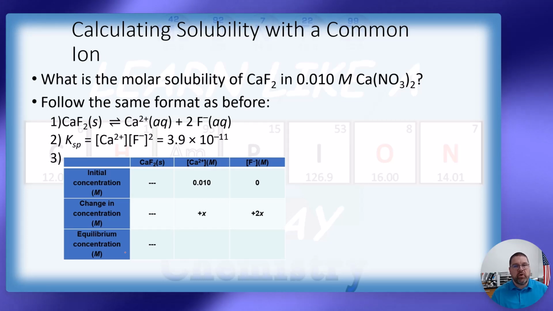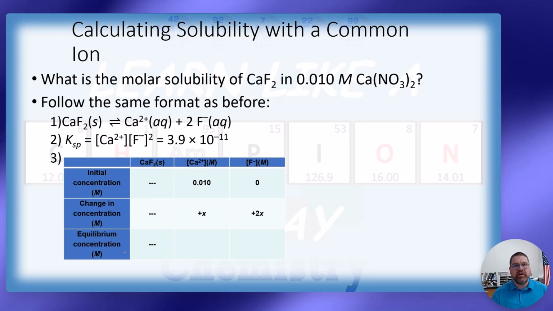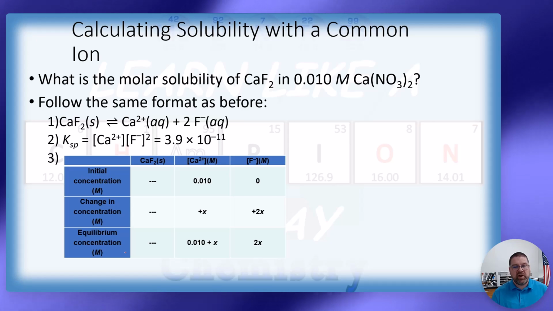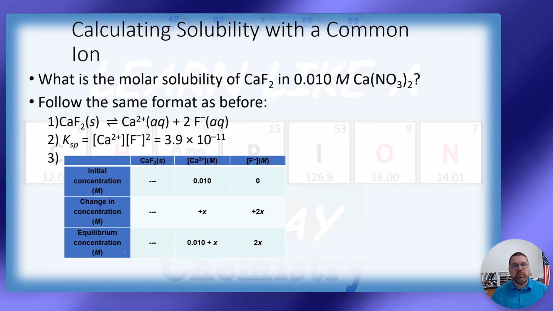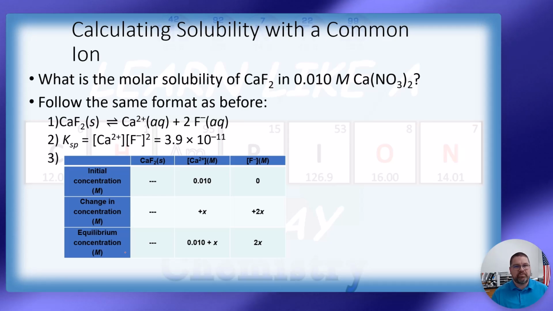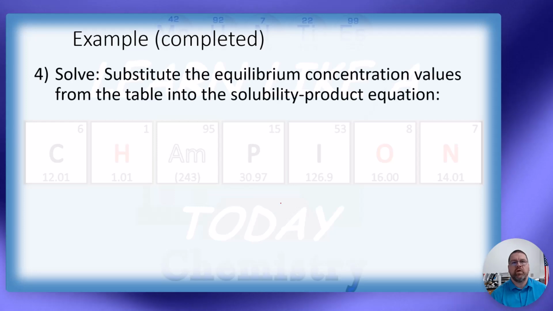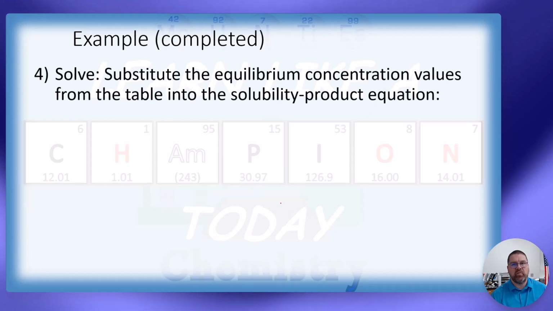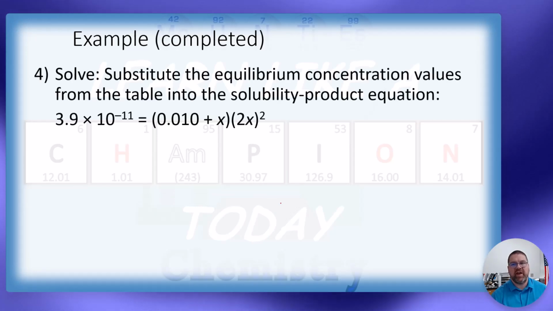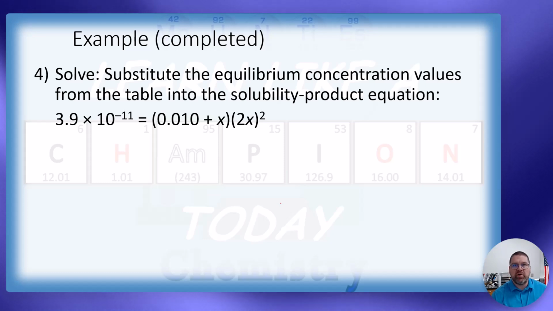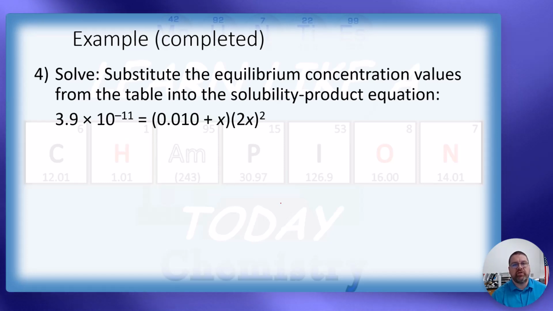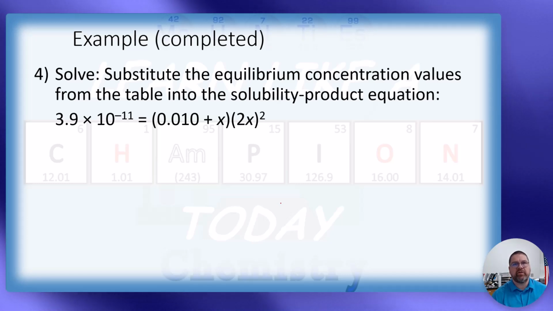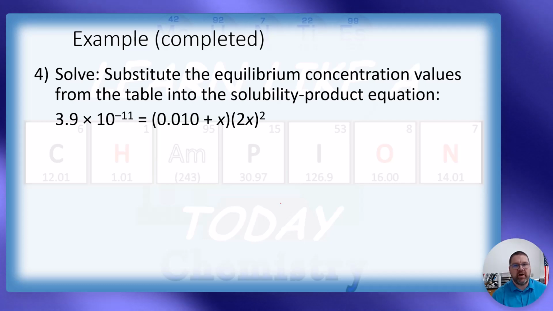So our equilibrium concentrations would be 0.010 plus X for calcium and 2X for the fluoride ions. Putting those values into the KSP expression, we get 3.9 times 10 to the negative 11th equal to 0.010 plus X, that's for the calcium ion, times 2X squared, the 2X being the concentration of the fluoride ion.